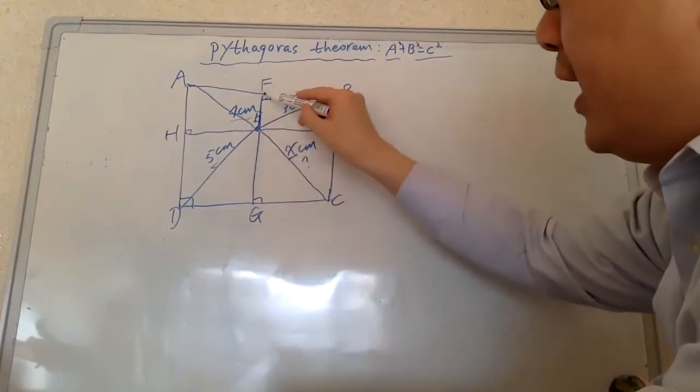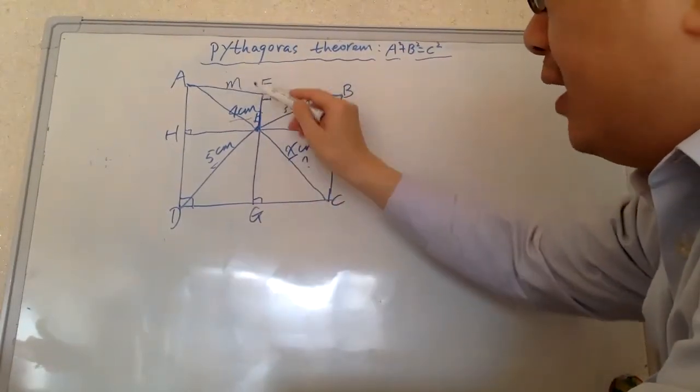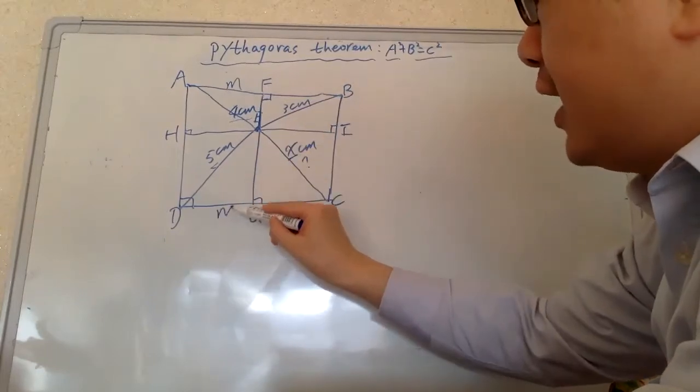For example, AF we can name M, and then DG is also M.